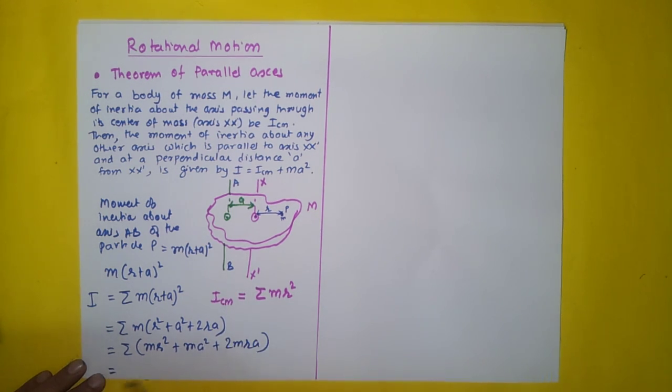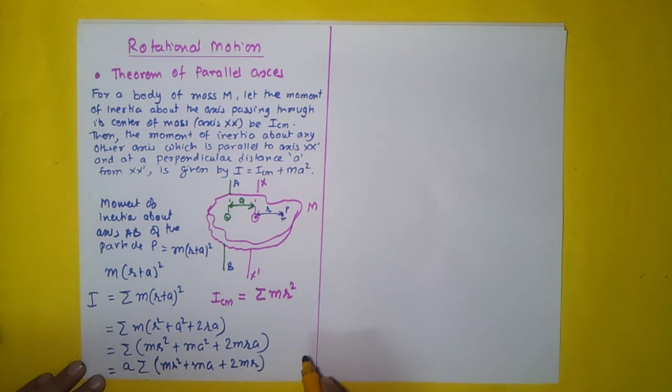In this case, since a is constant, I can remove a from the sigma sign, so I'll get a into sigma of mr square plus ma plus 2m. Okay, so this is how I get the equation for moment of inertia about this particular axis.